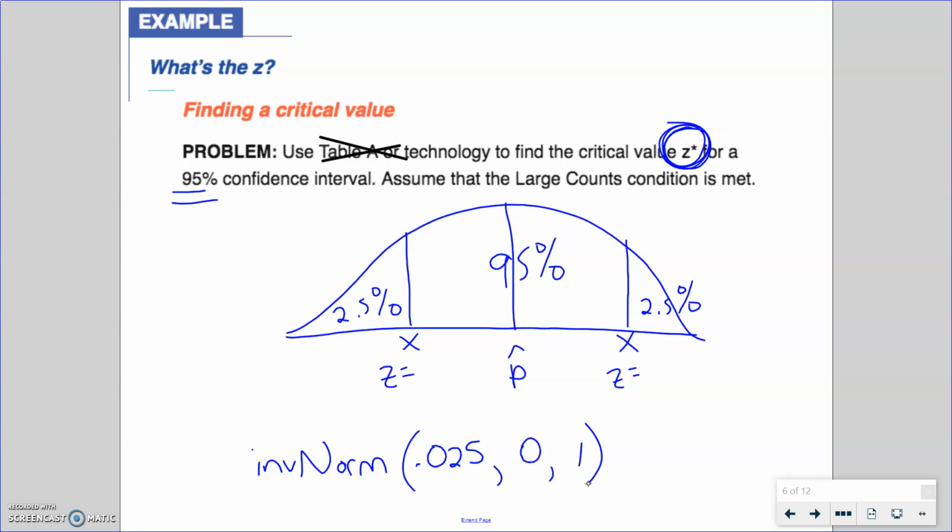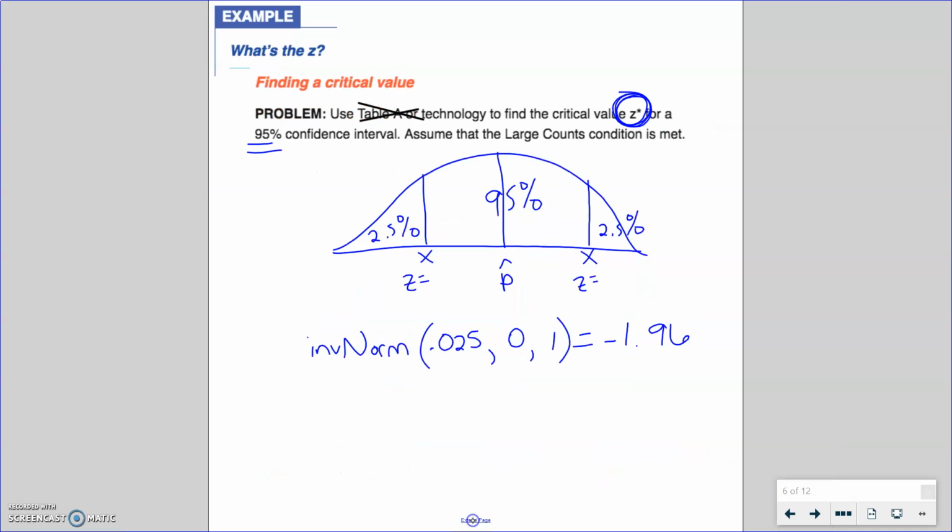If you don't remember how to type that in your graphing calculator, go 2nd, VARS, which gets you to distributions, and invNorm should be the third option down. So I type in 0.025, comma 0, comma 1, and I get -1 point something. I'm going to round to 2 decimal places, so -1.96. Okay, so here's what that means.